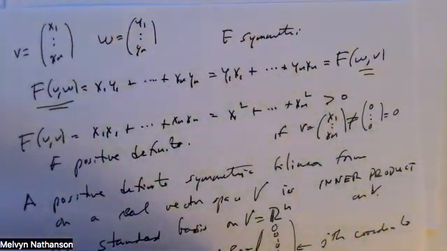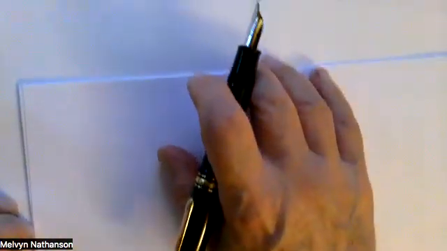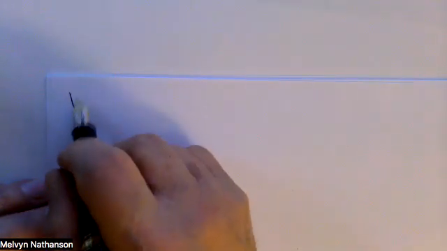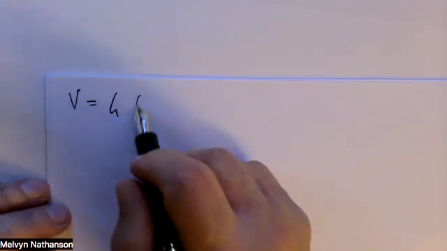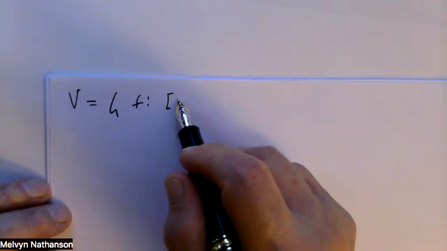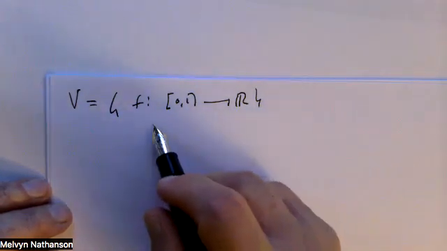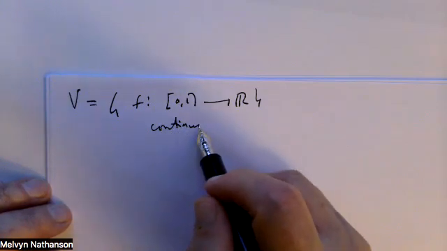Now, it's important to note there are lots of inner product spaces in addition to the standard one. Let me take one that is familiar from calculus. Suppose we let V be the set of all functions f from the unit interval to R. So these are all continuous functions.